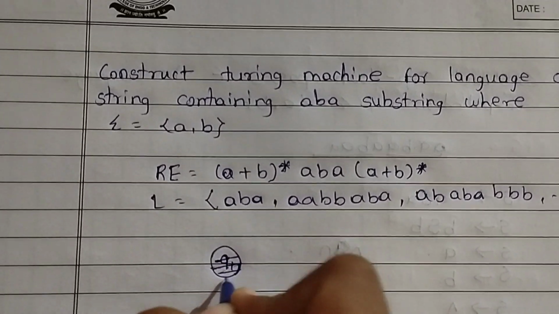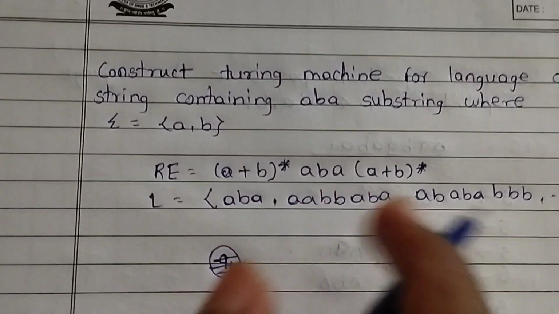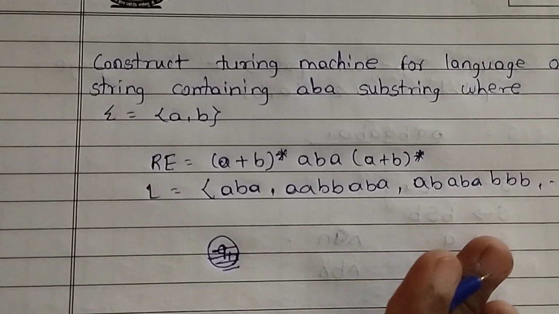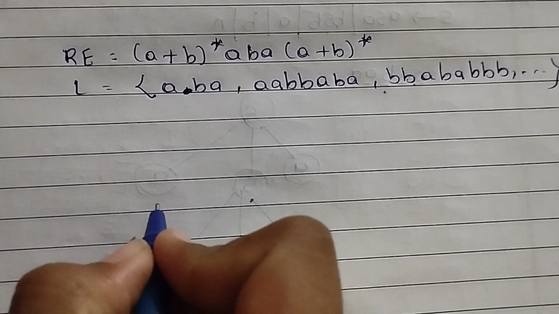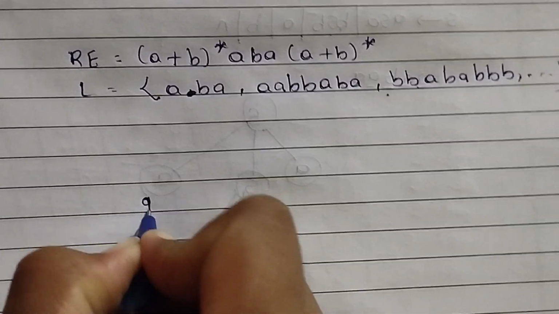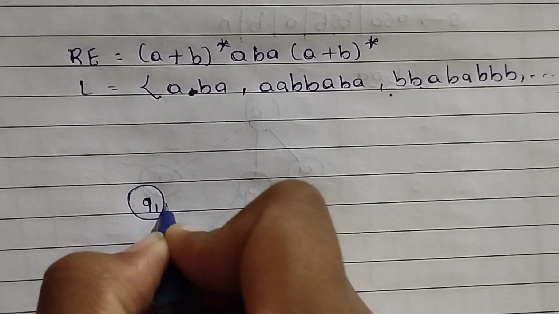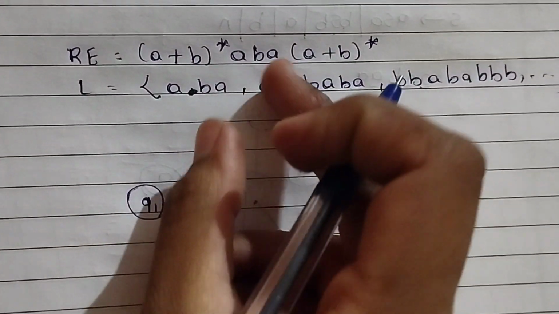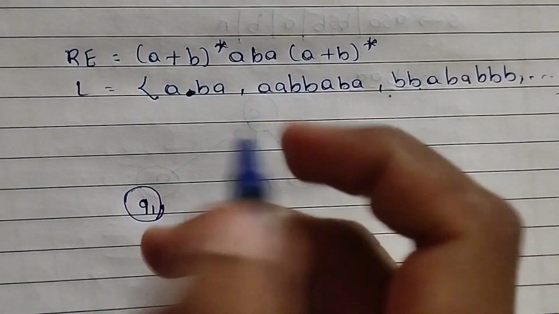Now we start to construct the DFA. We know how we draw the DFA. Initially at the Q1 state, this is the initial state. First we draw the constant substring which we require.